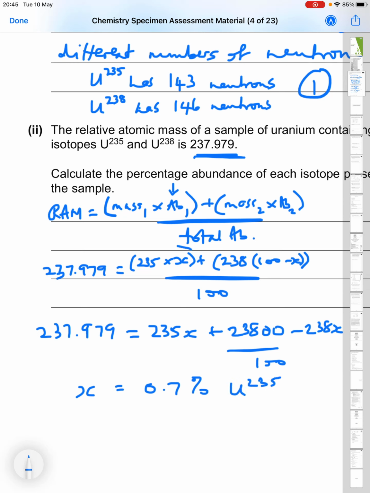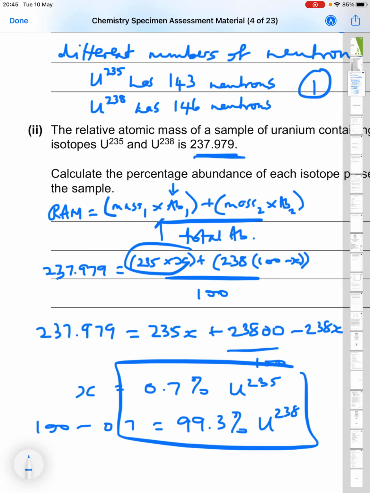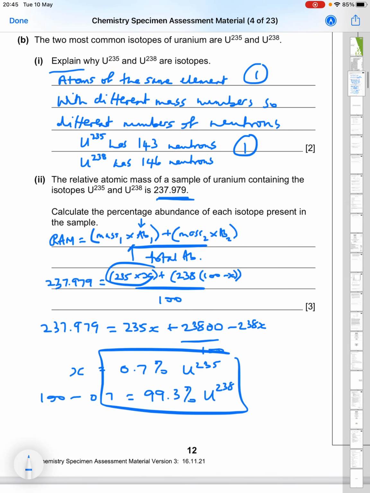Remember, we put X here for the abundance of the first isotope, and then 100 minus 0.7 is 99.3% of the U238. So that's your answer. 3 marks for that. So the marks would be, I suppose, 1 mark for getting that right, and then 1 for each of those for putting the values in.